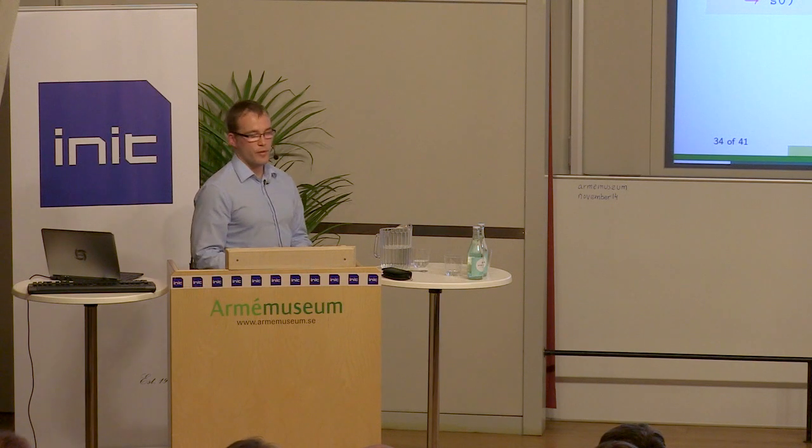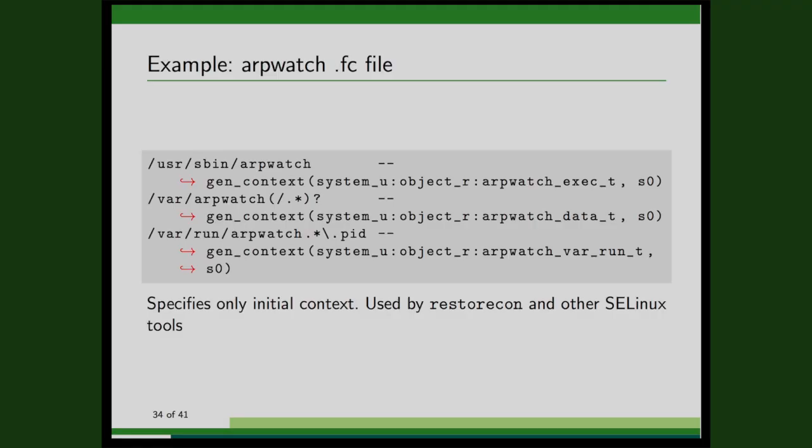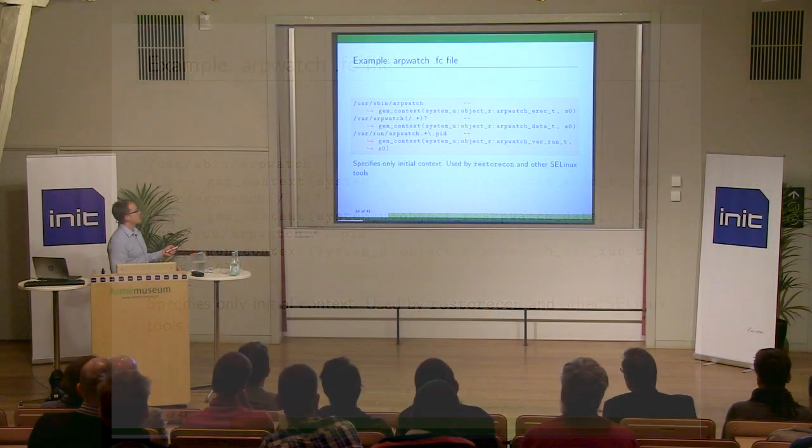What's important to remember is that this only specifies the initial context. So if you use a tool like restorecon, which resets all the contexts for the files on the file system, then you will end up with a file system where the files have the types you specified here.